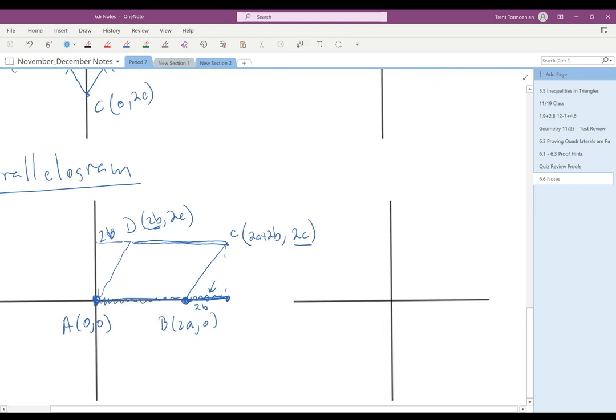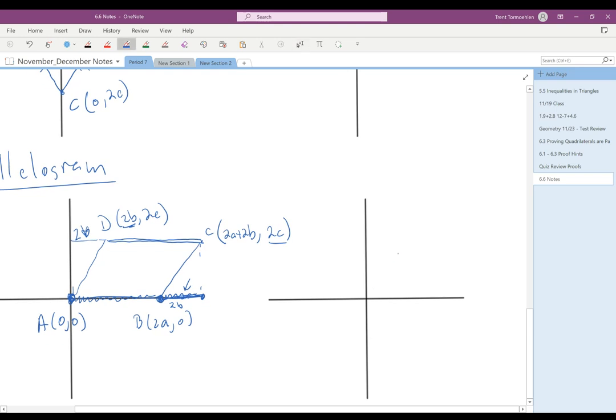Now, the other way you could have done this one is, if this was 0, 0, and then 2a comma 0, if you would have wanted this one to be 2b comma 2c, that means the distance from the x-axis to here is 2b.